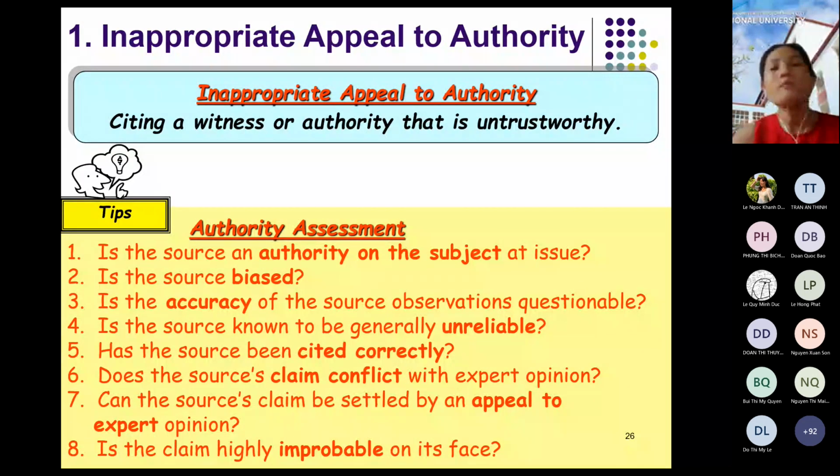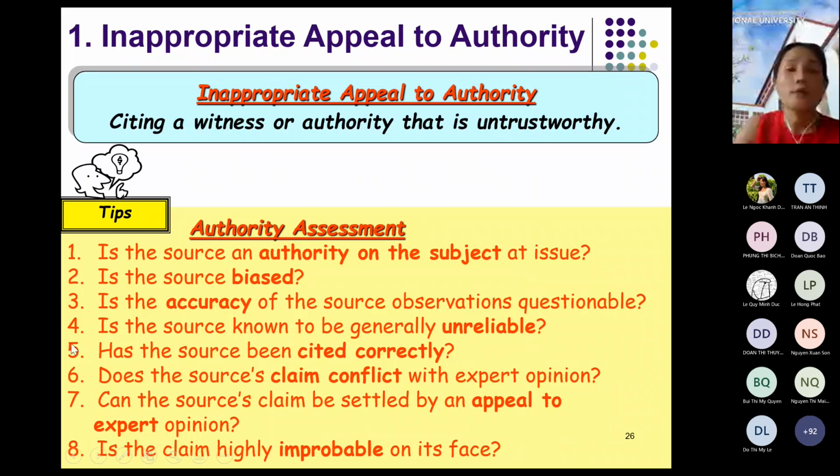Or if someone provides you with an argument from authority, you can use some of these questions to check whether they have a good authority or not. If they cannot prove that it is a good, reliable authority, then you can say they may have fallen into the mistake of inappropriate appeal to authority.